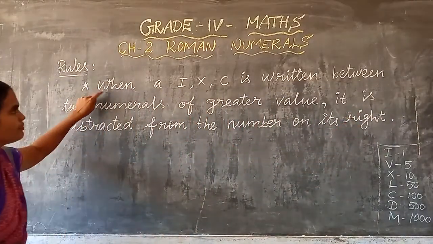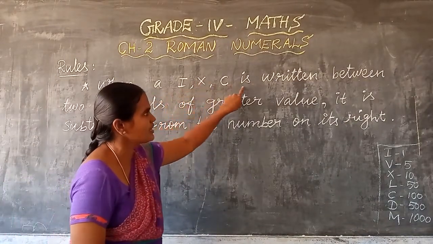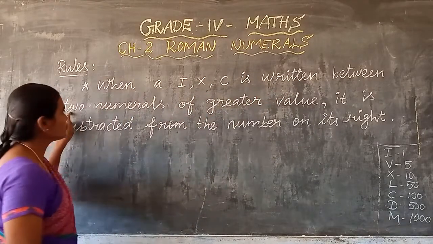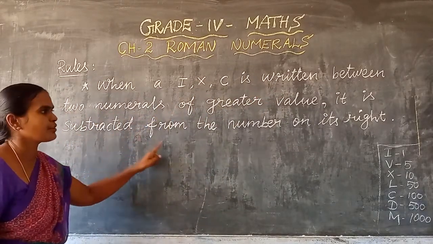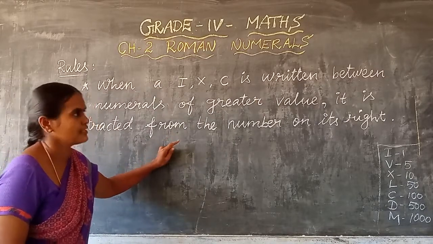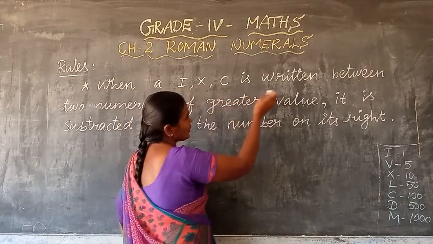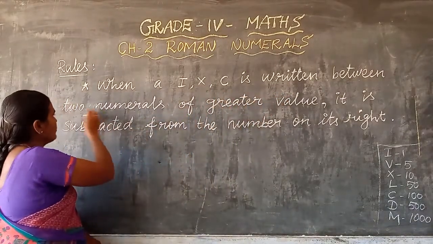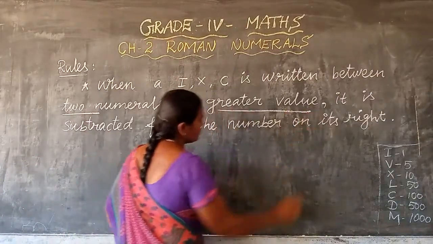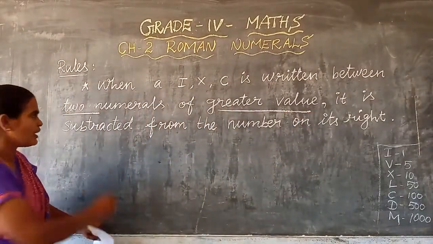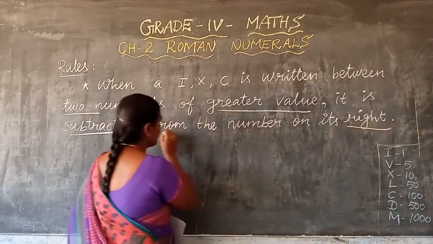So here, when your IXC is written between two numerals of greater value, it is subtracted from the number on its right.